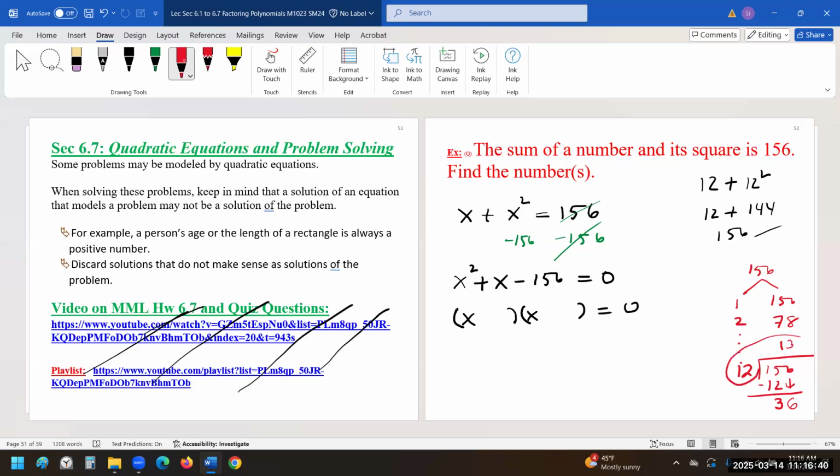So 12 times 13 is 156, and 13 minus 12 is 1. So one of them is 13, another one is 12. But what about their signs? Which one must be positive? 13. That means 12 has still what sign? Negative.